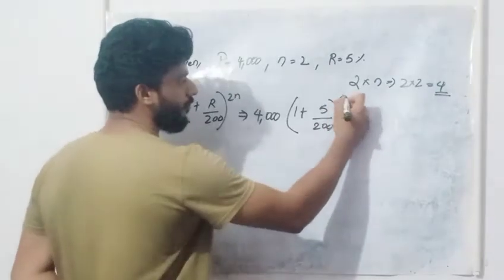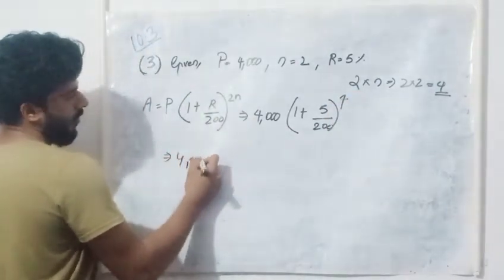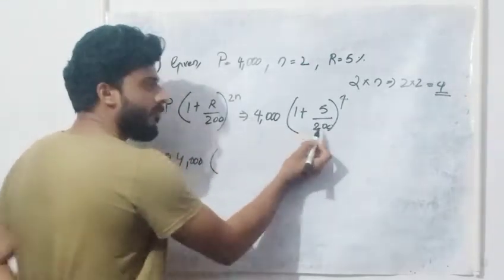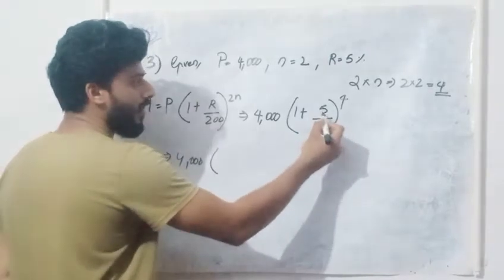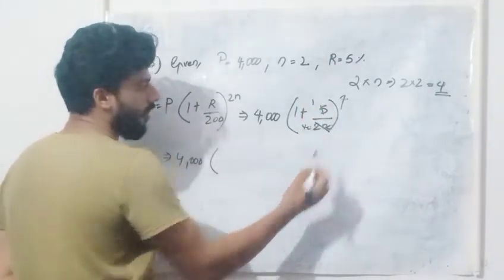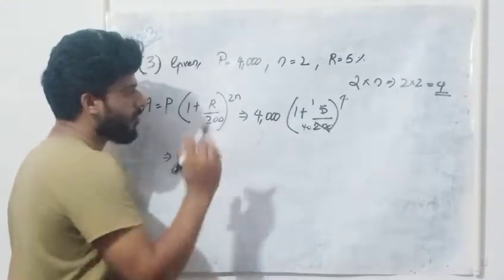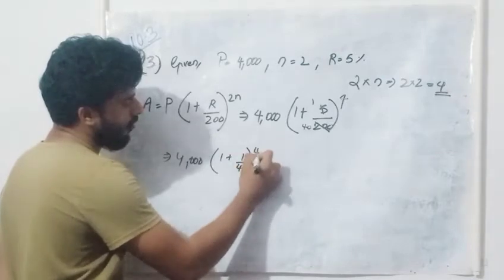So that will be equal to 4,000 into 5 by 200. Before cross multiplying we can make this into its short form. Dividing by 5, it will be 1 by 40, just making it into the smallest form. So 1 plus 1 by 40 whole raised to 4.